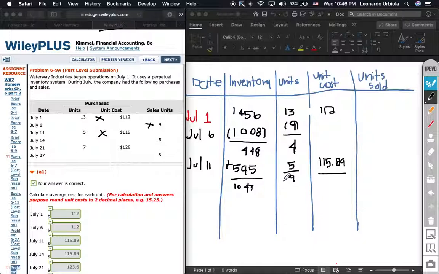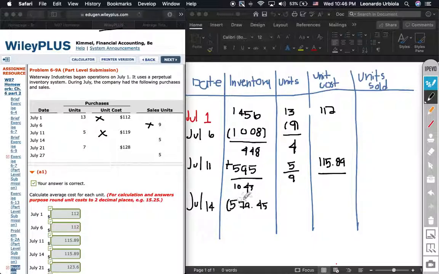So we multiply 5 times 115.89 on July 14, and that will give us the amount of 579.45.